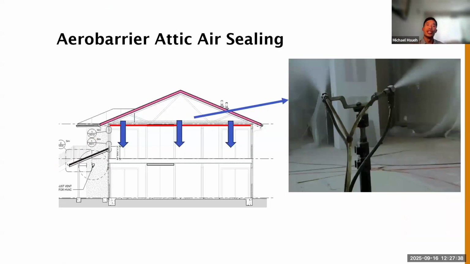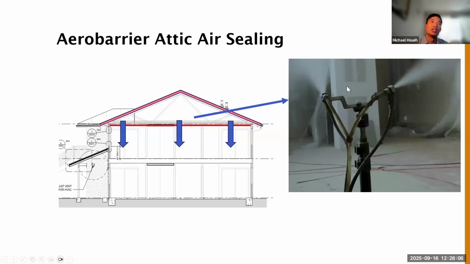Something else that we also did at Vera Cruz to improve the energy performance was some additional air sealing within the attic level. I don't know if anybody's worked with or seen Aero Barrier, but there's a product called Aero Seal that's used for sealing existing ducts or even new construction ductwork, where they aerosolize a sealant into the ductwork, and that closes up a lot of gaps.